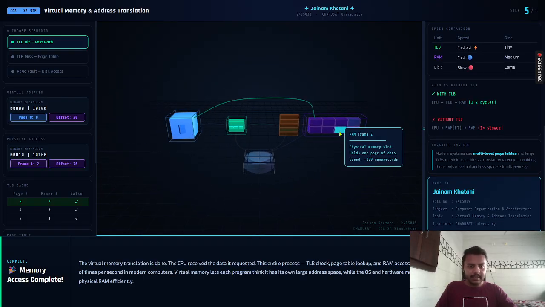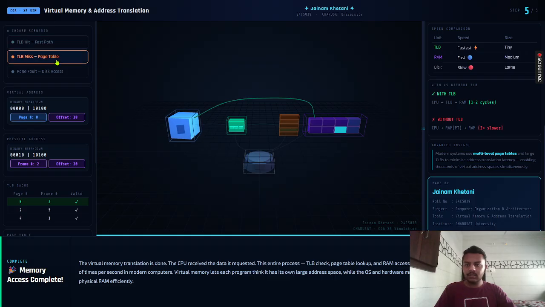Here it is presented, frame 2, and this case is known as the TLB hit case and this is the fastest case. In simple words, TLB hit means the system already knows where the data is, so it directly goes to RAM. This is the fastest case, and the TLB hit reduces memory access time because it avoids an additional page lookup, which we will cover further.